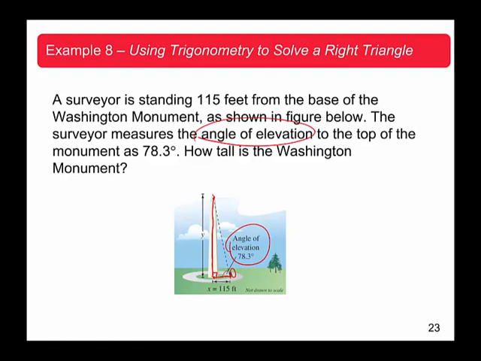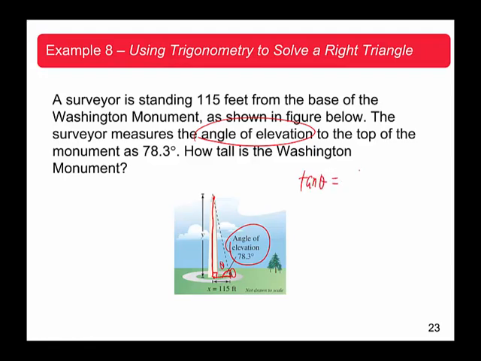So let's form the relationship using a trigonometric function to express y. The height of the monument is the opposite side of the angle theta, the angle of elevation. Relating the opposite side and the adjacent side, we have to use tangent theta.